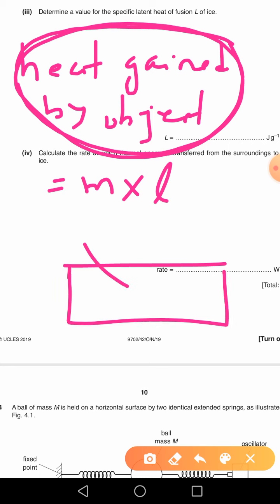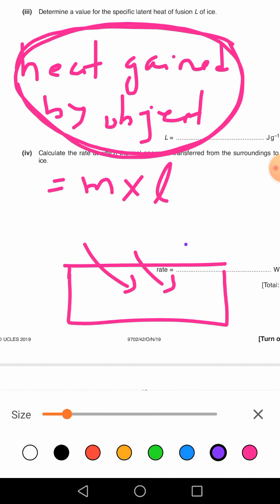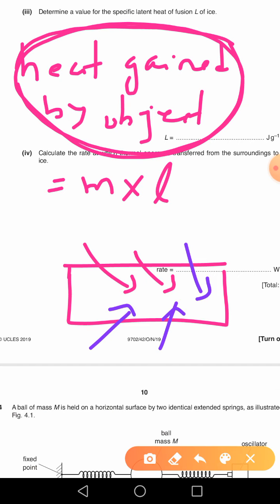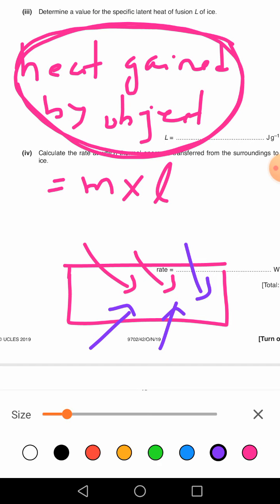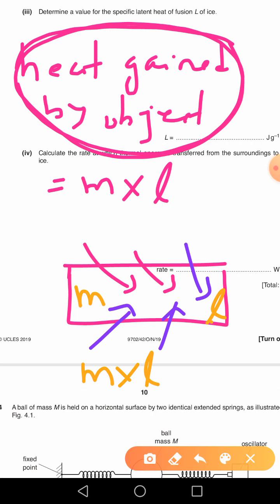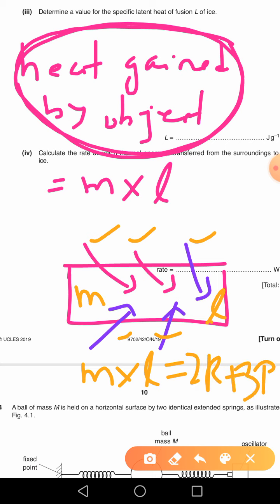For example, suppose its mass is m and its specific latent heat is L, so the total amount of heat energy gained is m into L, and the total heat energy given to it is 2 red plus 3 purple. So you have to remember this.